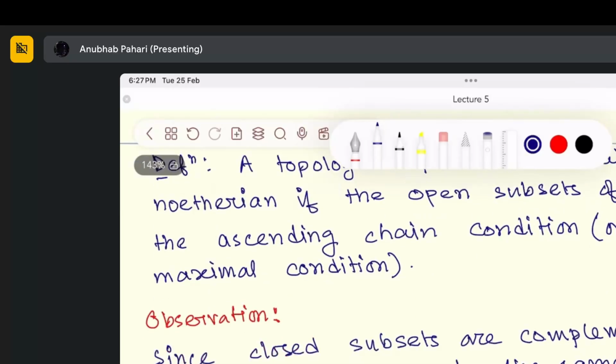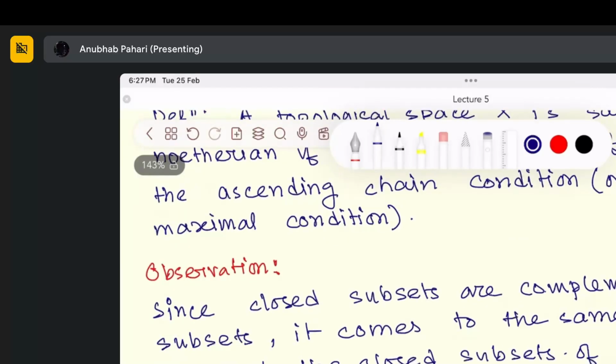Now we can do a topological problem. We need very much of topology here, so I have introduced irreducible closed subsets.